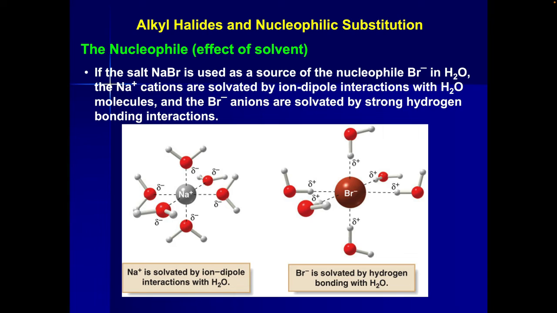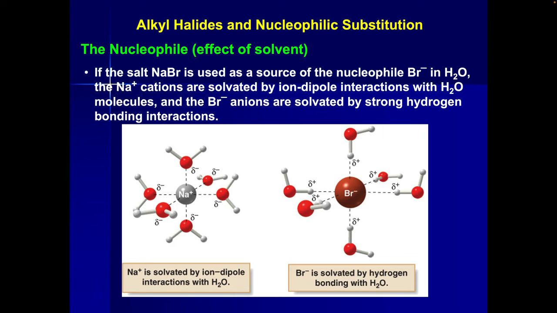You don't need to worry too much about that, but it's an ion-dipole interaction, okay? So we know that water is polar, right? It's got a dipole, it's got a negative side to the dipole. Negative likes positive, and so this is how the water surrounds itself around sodium. But is sodium the nucleophile? No, so it doesn't matter, right?